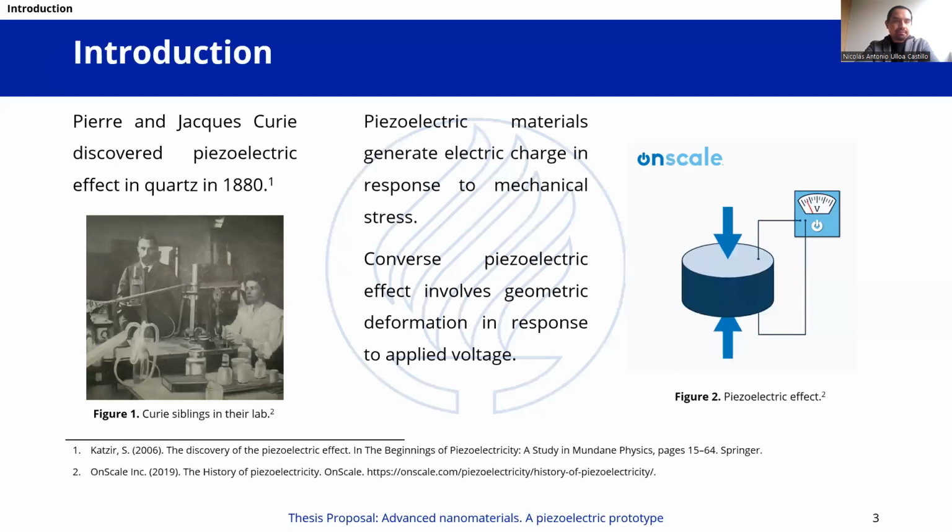In essence, the piezoelectric effect describes the phenomenon where applying pressure to a piezoelectric material generates voltage and vice versa. So, like I'm saying, it's a two-way street. Let's visualize this effect in figure number 2. As we observe in this animation, the application of pressure on this material causes, microscopically, a redistribution of charges, which generates measurable voltage, and this defines the piezoelectric effect.